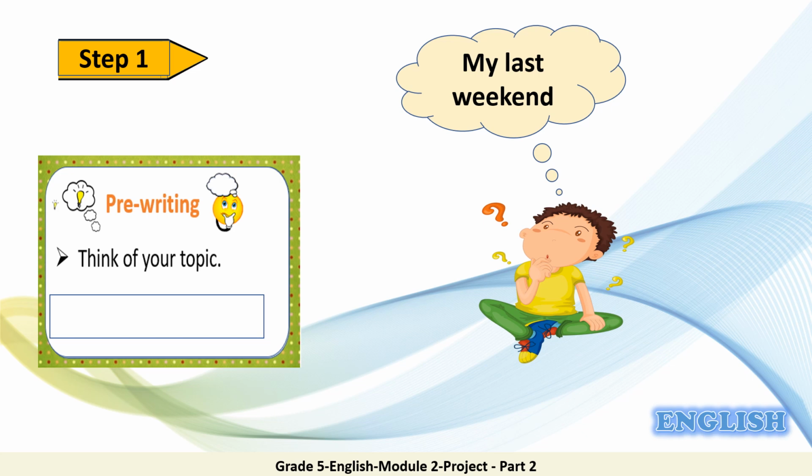Then you have to organize your ideas. How can you organize your ideas? You have to put your ideas in a sequence, which means which one happened first, second, and so on.